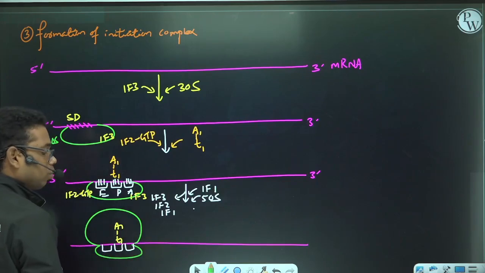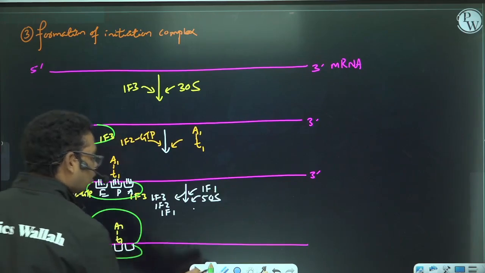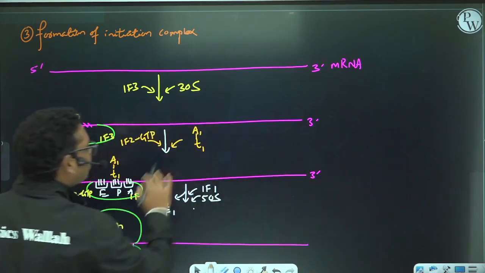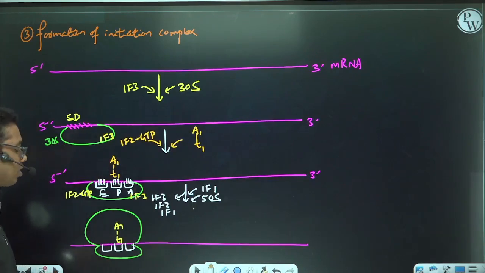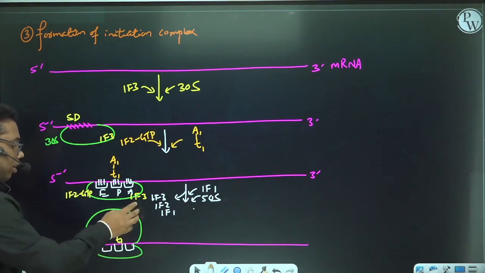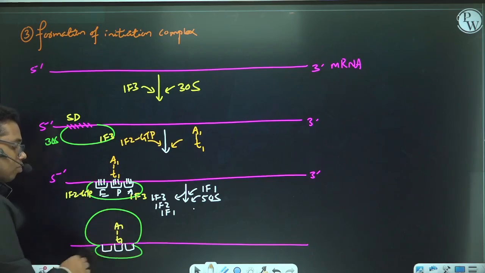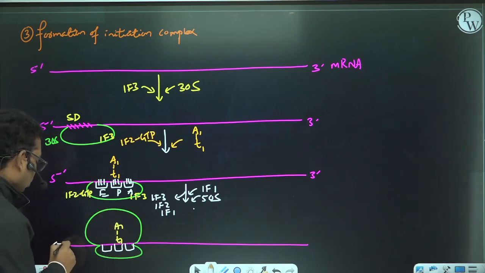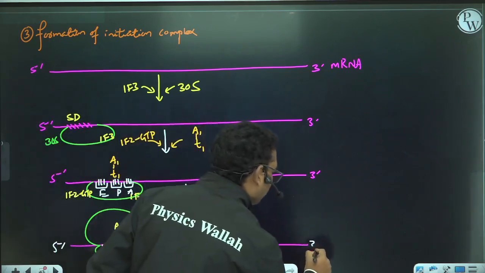This is the larger subunit. Okay, and this complex is called the initiation complex. So the initiation complex has mRNA, one amino acid tRNA and ribosome. That is called the initiation complex. So this is formation of the initiation complex.